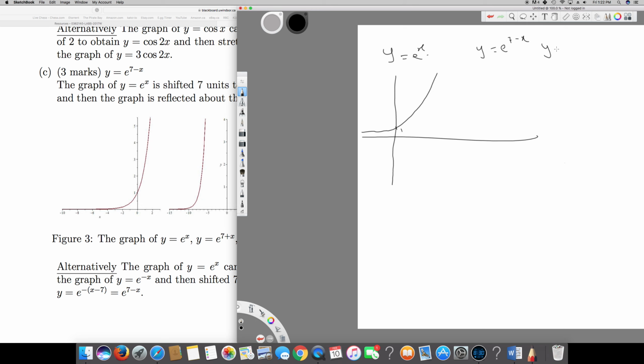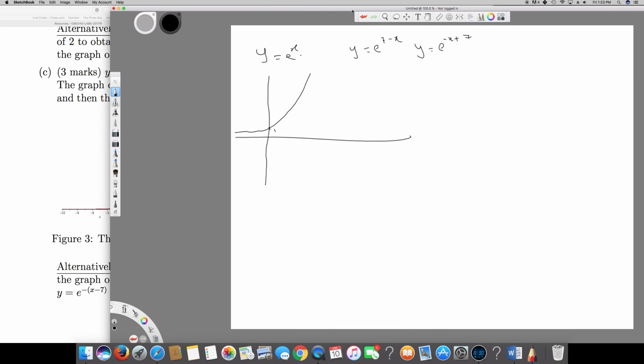It's going to be y is equal to, instead of writing 7 minus x, I'm going to write minus x plus 7. Same thing, I'm just switching the equation around. Minus x plus 7. So plus 7 means 7 units to the left.